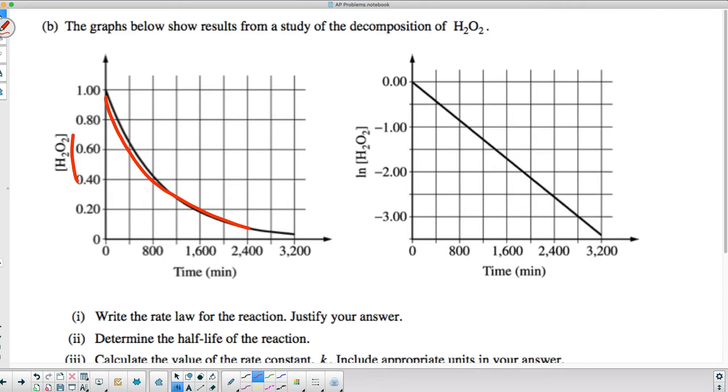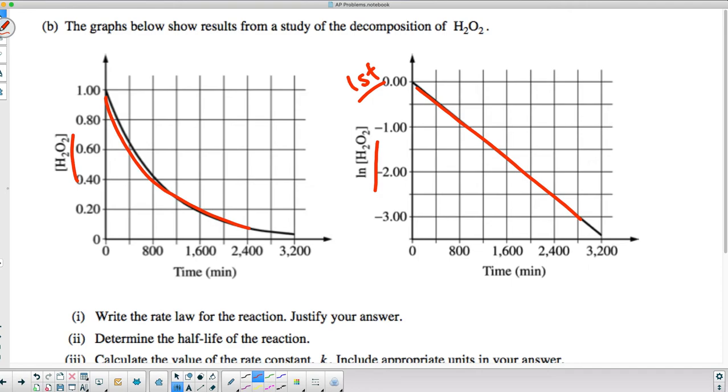On the right-hand side I have the natural log. Notice the straight line. That was the straightest line I've ever drawn, ever. The straight line for the natural log means that this is first order. We've talked about that before in previous problems.